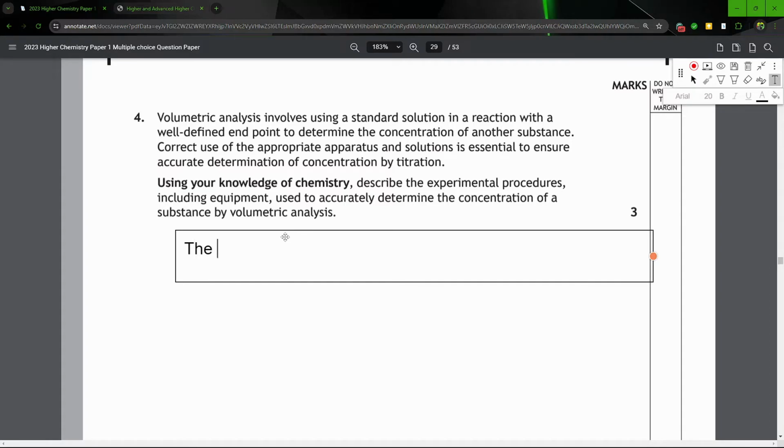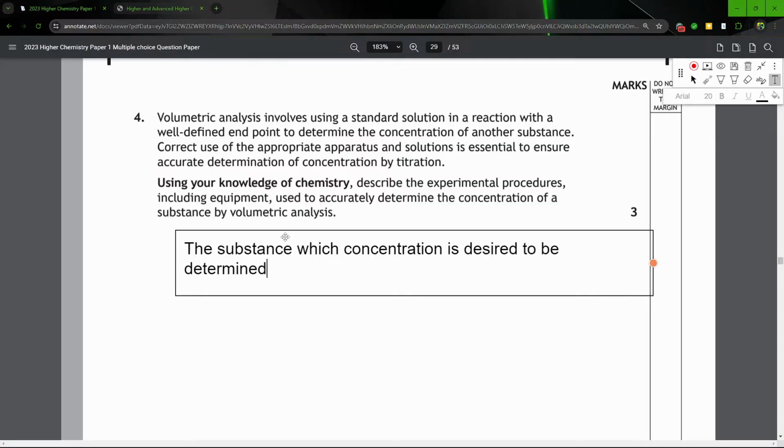So the substance whose concentration is desired to be determined is called the analyte.